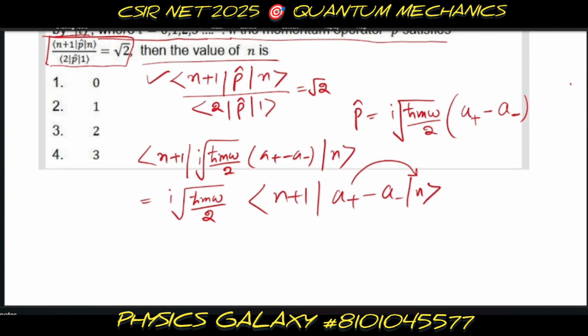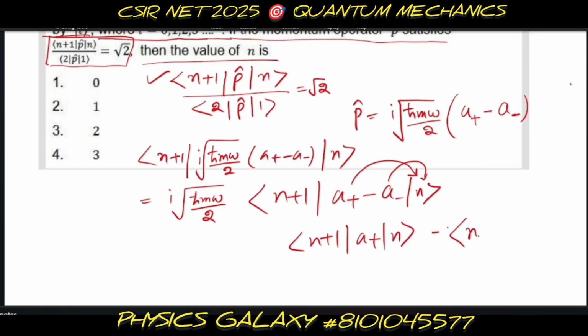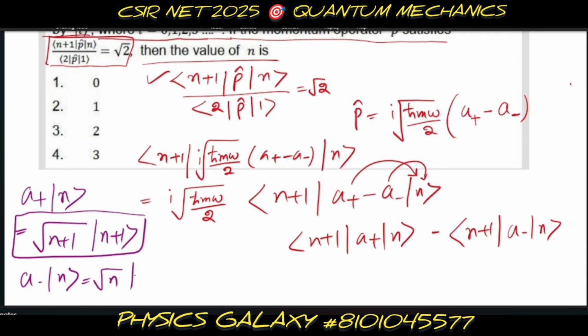So this will act on first this, then we have this. Okay, so we'll get two terms here. So one will be <n+1|a plus|n>, then we'll have minus <n+1|a minus|n>. Now we know when a plus acts on |n>, it will give us under root of n plus 1 times |n+1>. Okay, and when a minus acts on |n>, it will give us root n times |n-1>.